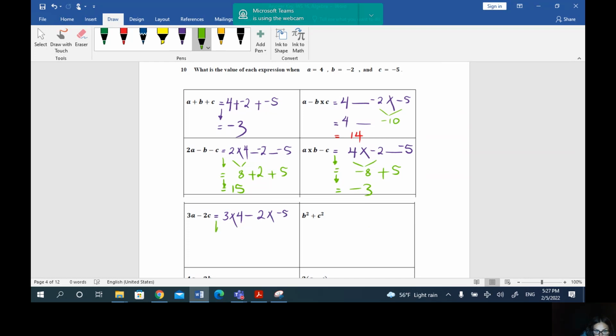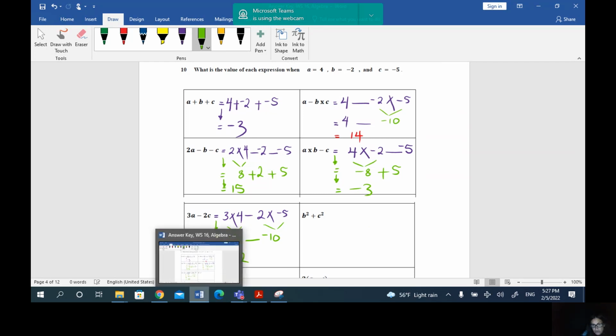Let's apply order of operation. 3 times 4 is 12. Minus 2 times negative 5 is negative 10. So here it will be 12 plus 10, which is 22. All right.